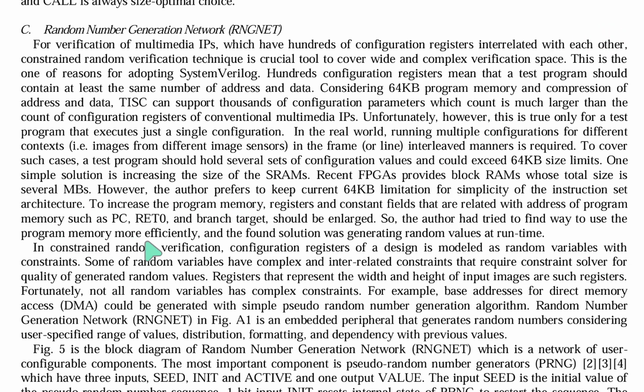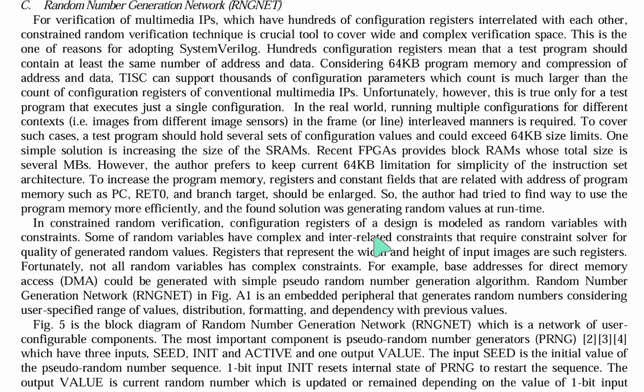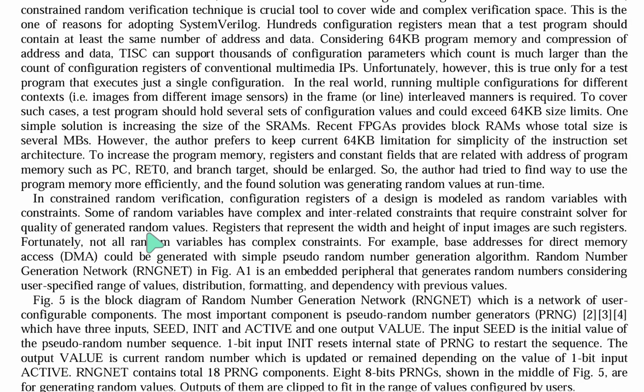In constraint random verification, configuration registers of designs are modeled as random variables with constraints. The sum of random variables has complex and interrelated constraints that require a constraint solver for quality of generated random values. Registers that represent the width and height of the input images are such registers.